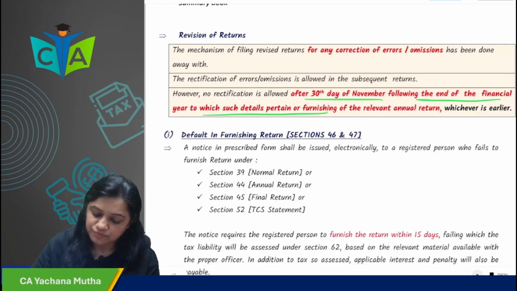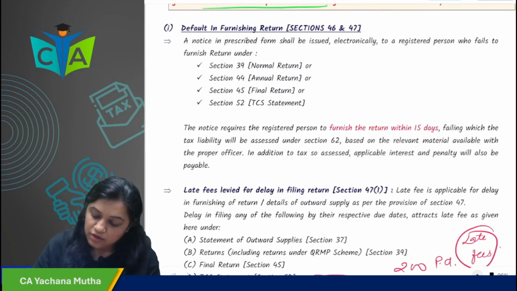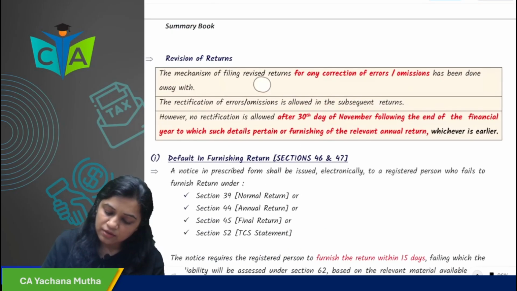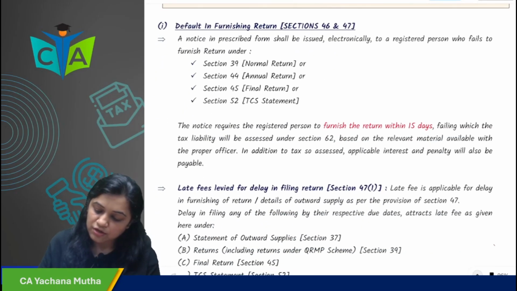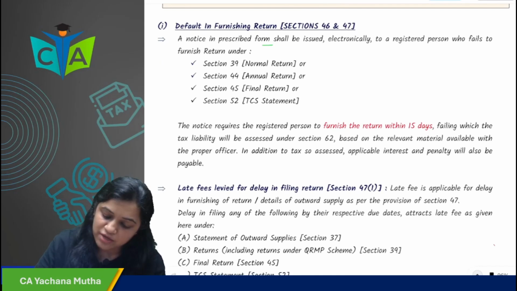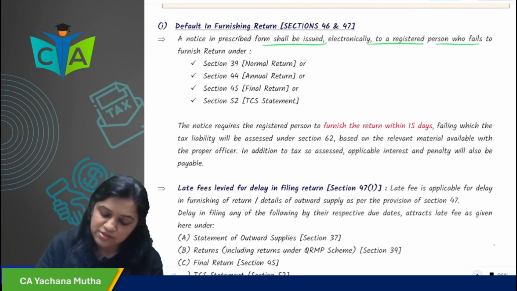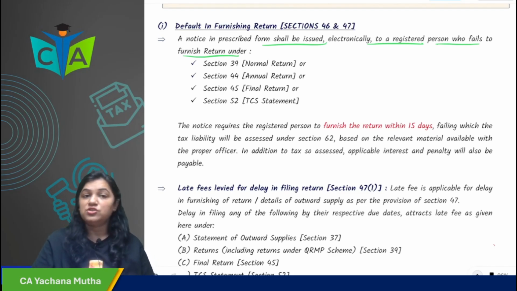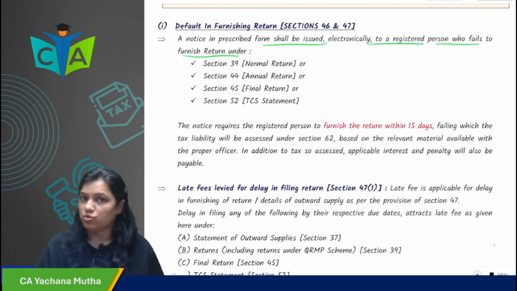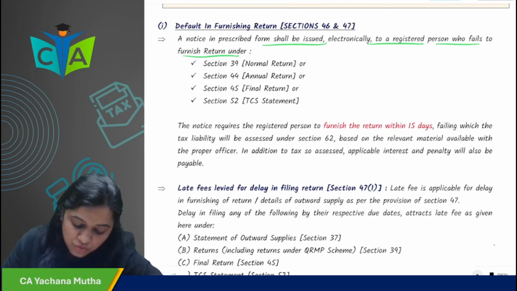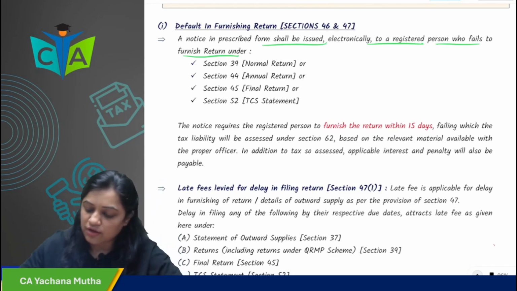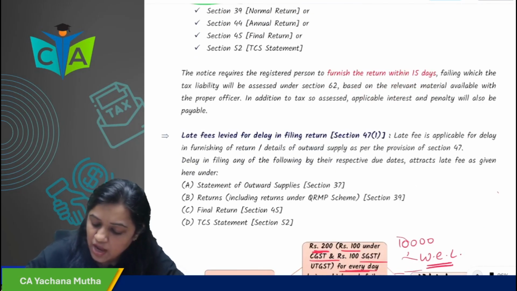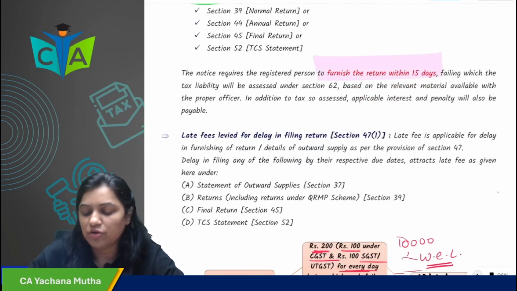Next, default in furnishing return. A notice in prescribed form shall be issued electronically to a registered person who fails to furnish return. So obviously, whenever you fail to furnish a return, a notice is issued to you electronically, for any of these returns, and the notice will require him to furnish return within how many days?